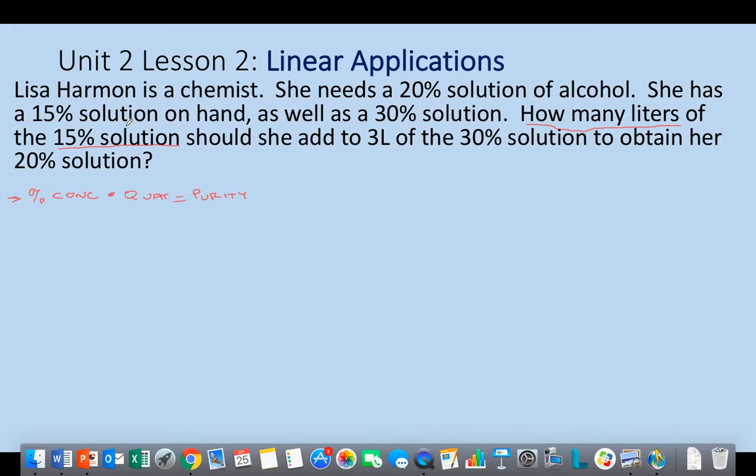She has a 15% solution on hand and a 30% solution. So she needs it to be somewhere in between, 20%. All right, and she's going to mix them together to get her 20% solution. So here's what I've got. I know that I have some 15% solution.